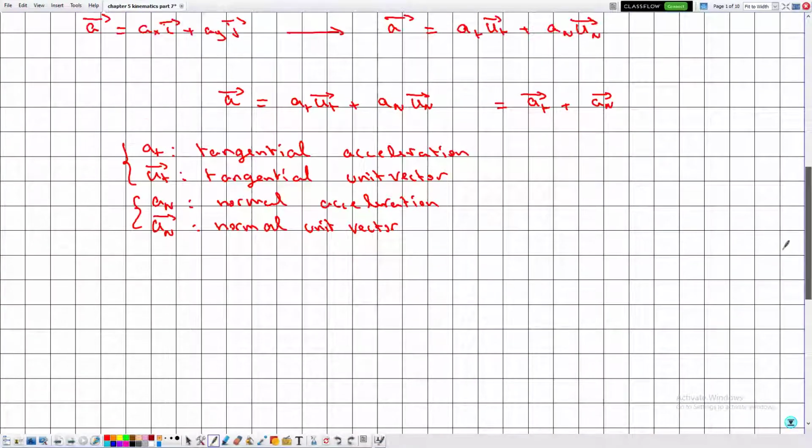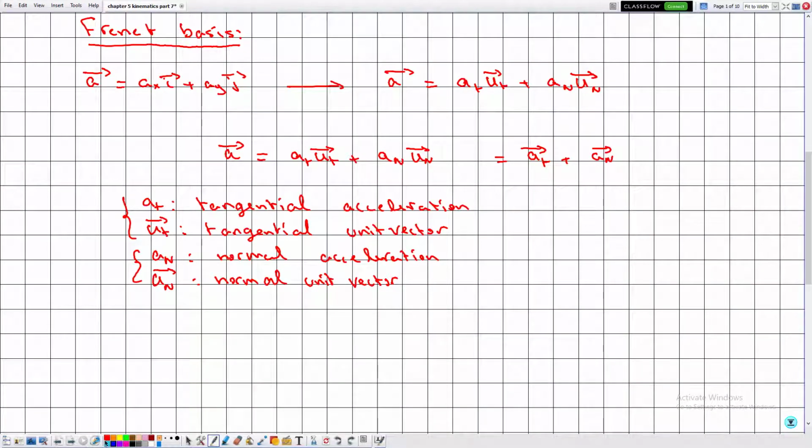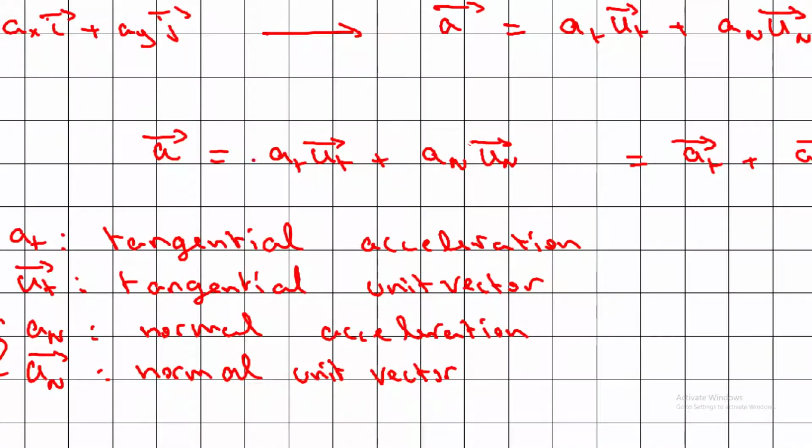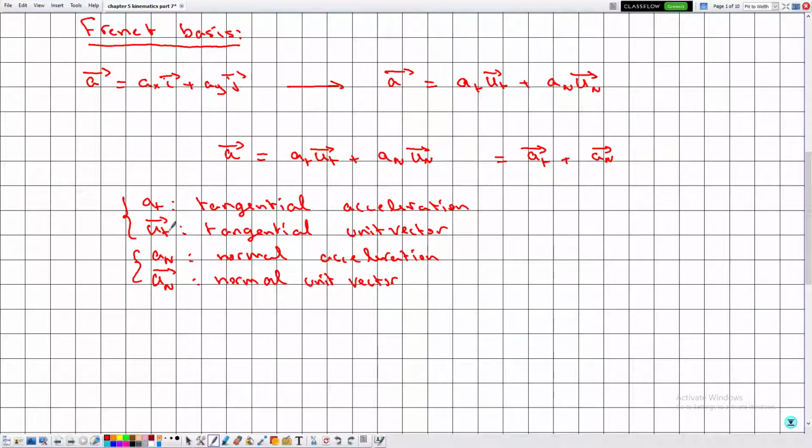But here what's important for us: we have four quantities to determine, at, ut, an, and un. But for this chapter, we'll only consider the tangential unit vector and the normal acceleration.